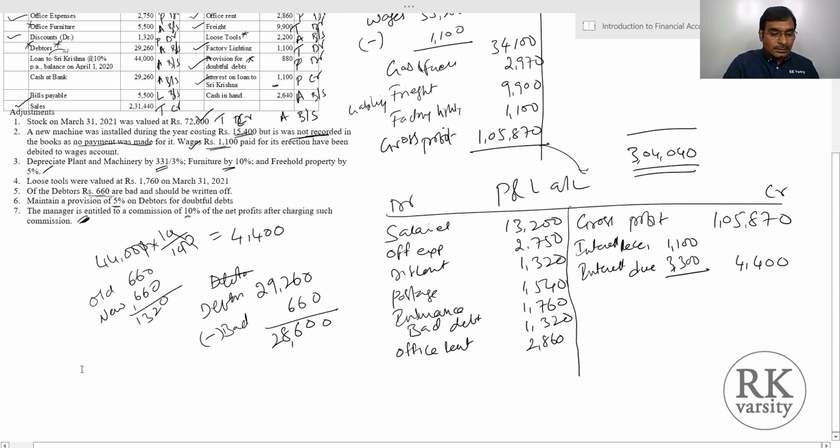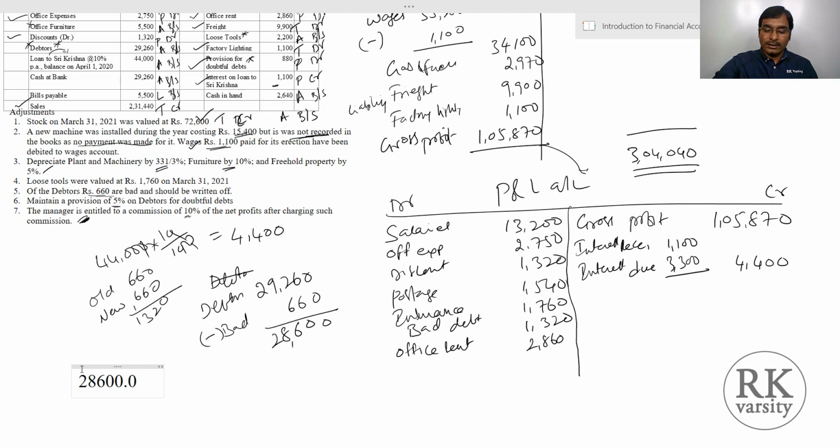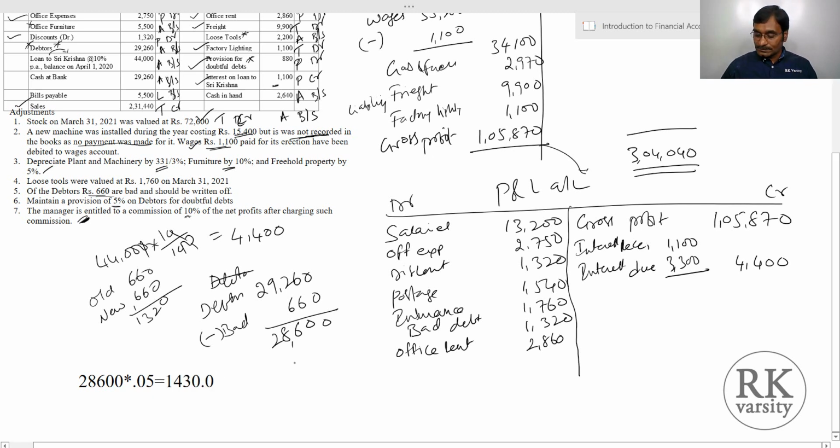So 28,600 into 0.05. I'm directly taking 5% as 0.05. So this is 1,430. So 1,430 is the new provision that you have to make, and you have an old provision of 880.